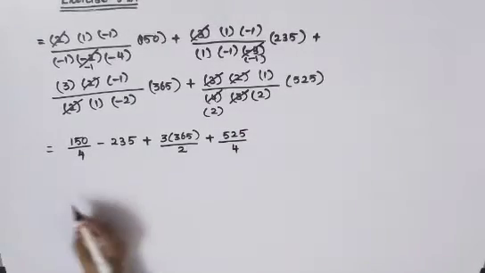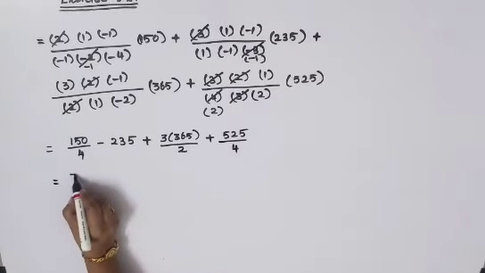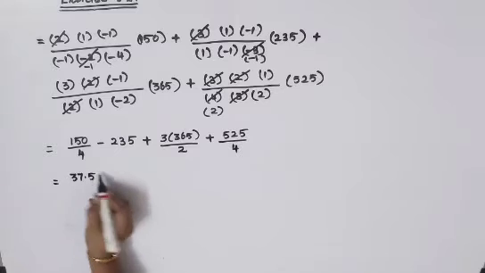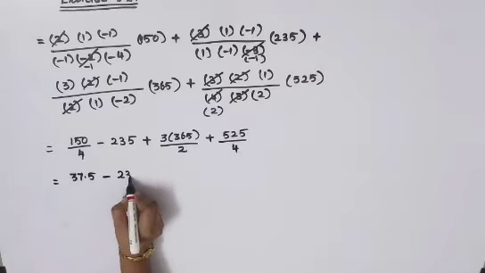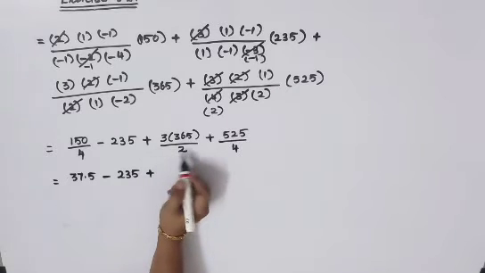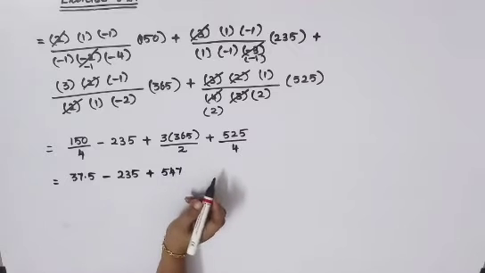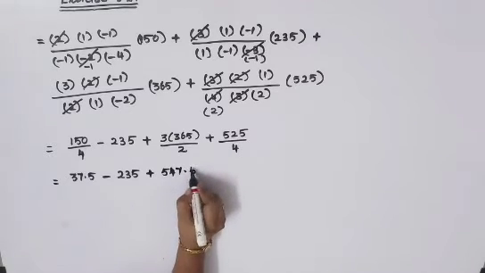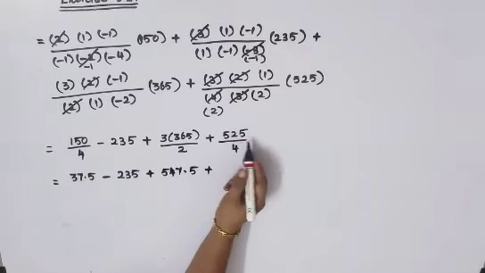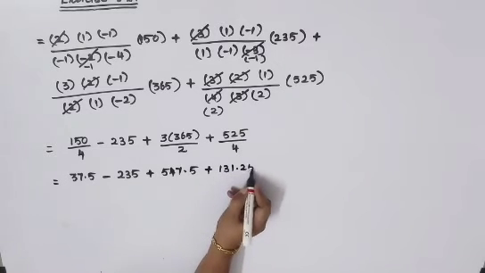So which is equal to 150 divided by 4, you will get it as 37.5 minus this 235 as it is, plus 3 into 365 divided by 2, you will get it as 547.5, plus 525 divided by 4 is 131.25.